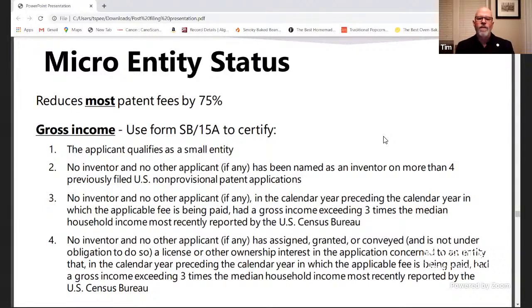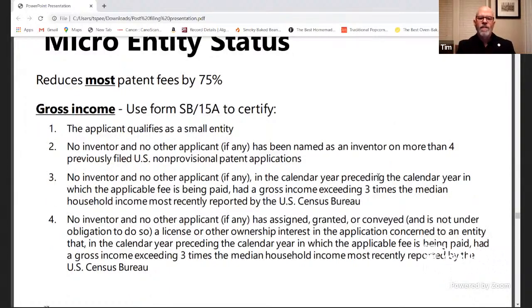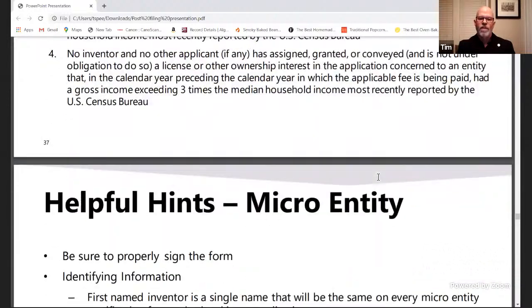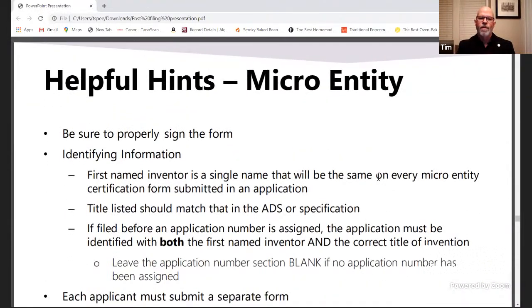And you can't have assigned any of this to someone else with respect to those requirements. Again, they're looking for people who don't have a lot of money, aren't making a lot of money off these inventions, or are small companies. So that's something you'll want to see if you can avail yourself of.